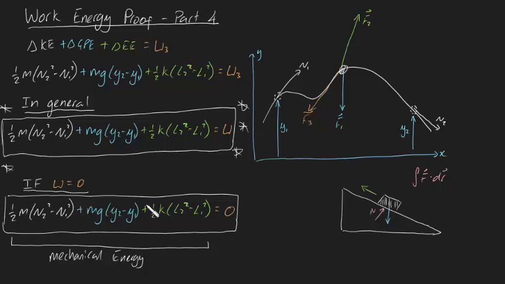If this term gets lower, then these two terms need to get higher. Or if these two terms get lower, then this term needs to get higher, right? Purely from mathematics, you can see this must be the case because this is equal to 0, right? And so what we've essentially proven is that energy just sloshes back and forth between kinetic energy, gravitational potential energy, and elastic energy, which is beautiful.